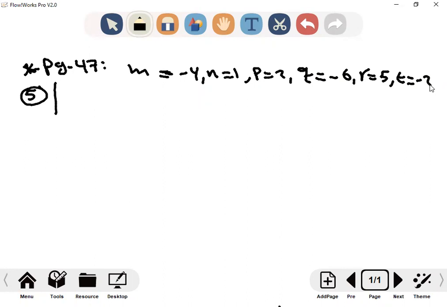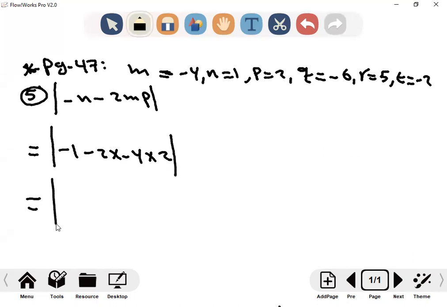So question 5, they want us to find -m - 2np. This is equal to -m, m is 1, minus 2 times n, -4, times p, 2, right? This is equal to -1 + 8 + 16, which is equal to the absolute value of 15, which means 15.